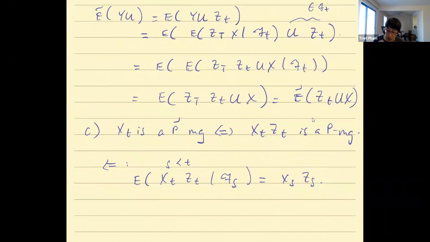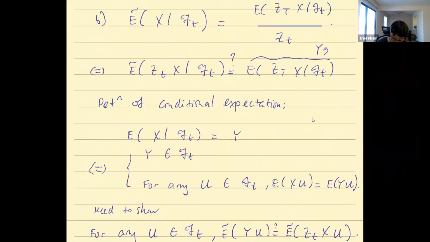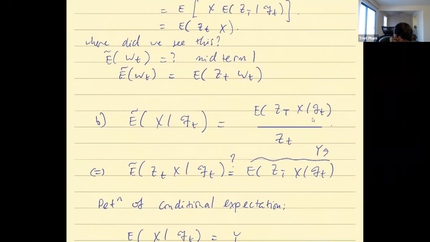Now, what do we want? Somehow we want to show that this implies e tilde of xt given fs is equal to xs. But is that true? Well, that's exactly what part B was trying to tell us. Part B tells us how the conditional expectation moves from e tilde to e.